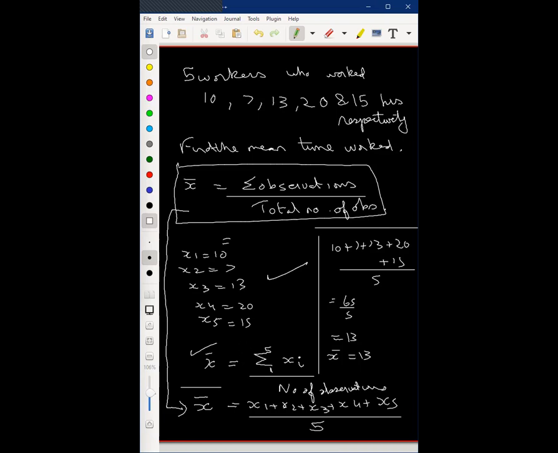Sir, can you explain that x bar equals 1 by 5 sigma x of i again? Yeah, just leave this for now. When we do grouped frequency distribution, we'll do this again. What we're basically doing is, i ranges from 1 to 5 because we have 5 observations, and sigma means total. So we take x of 1 plus x of 2 plus x of 3 till we reach 5.